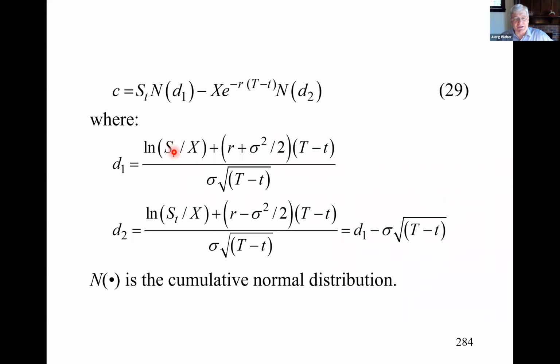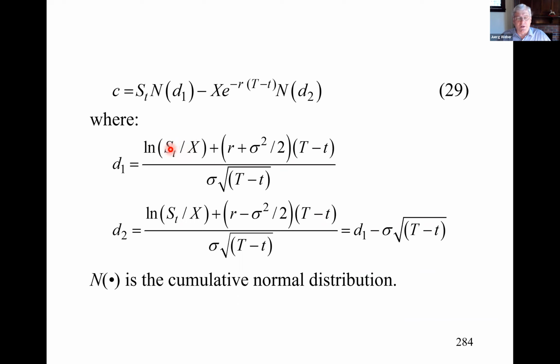You see, if S is smaller than X, then I have here a number which is less than 1. It's between 0 and 1. And taking the logarithm between 0 and 1 gives you a negative figure. Just remember how the logarithmic function looks. It runs through point 1 on the axis.